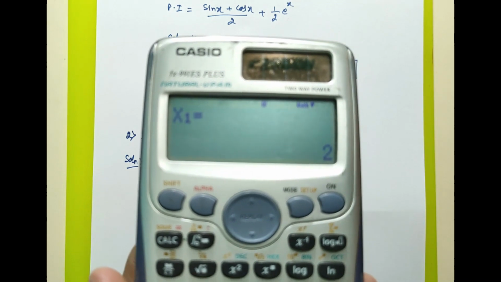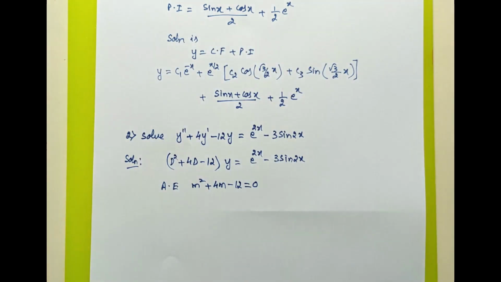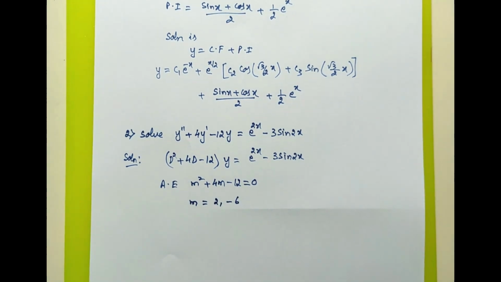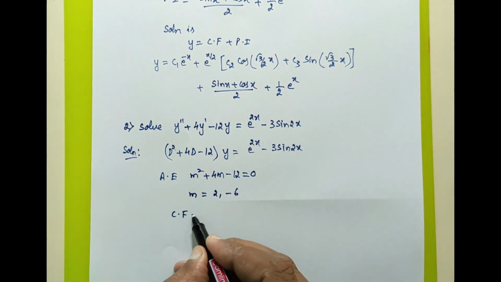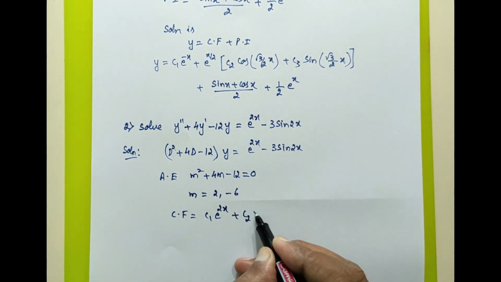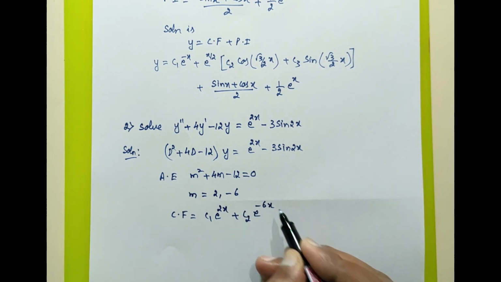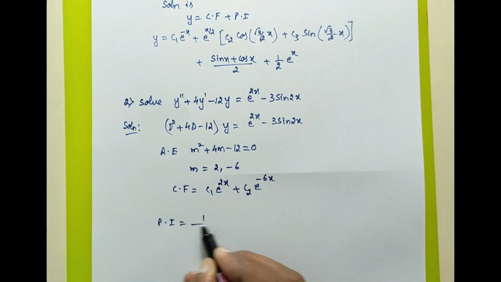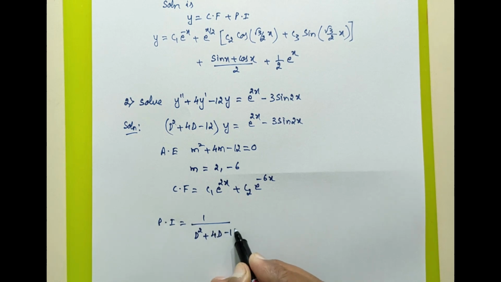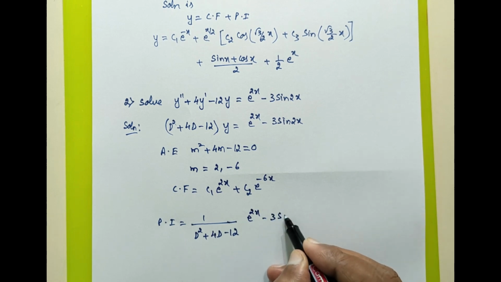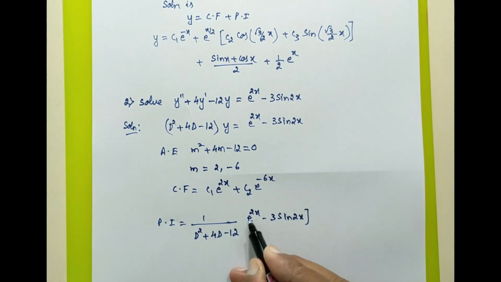You can see that the roots are 2 and -6, so m = 2, -6. Therefore the complementary function will be c1 e^(2x) + c2 e^(-6x). Now the particular integral will be 1 by the operator D² + 4D - 12 times e^(2x) - 3 sin 2x.